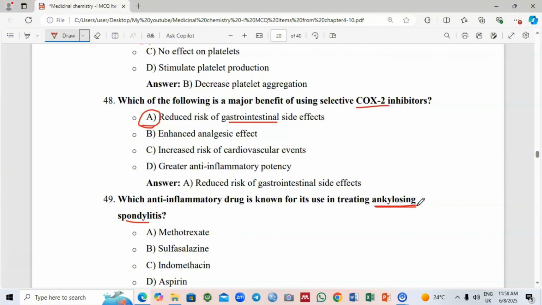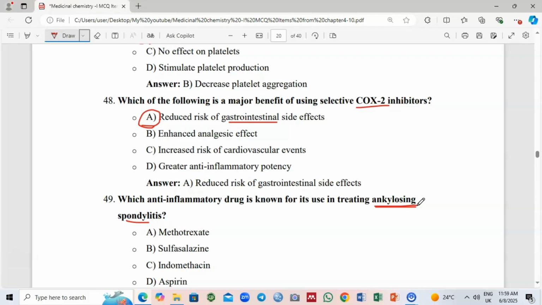This is a type of inflammatory arthritis that primarily affects the spine and the sacroiliac joint in the pelvis. That's why the name ankylosing spondylitis is given. This disease can be treated using non-steroidal anti-inflammatory drugs, biologics, as well as corticosteroids.